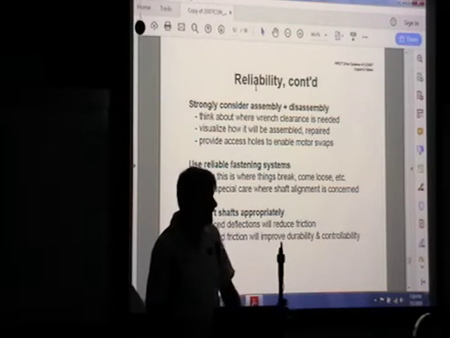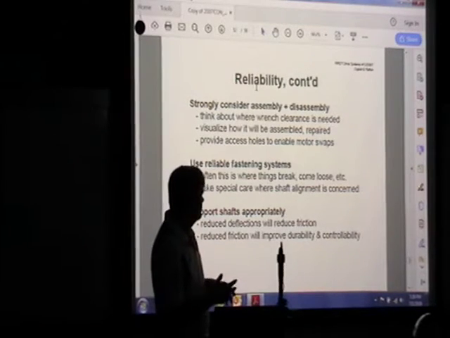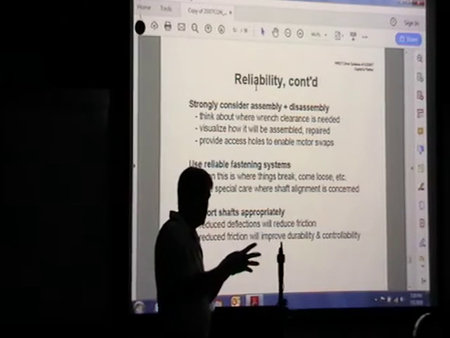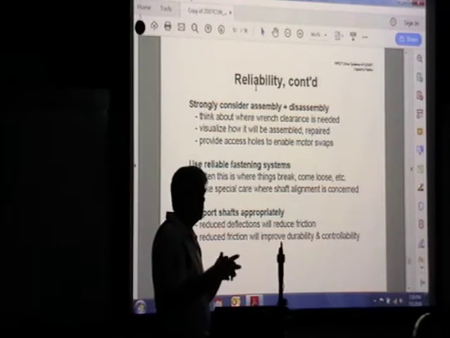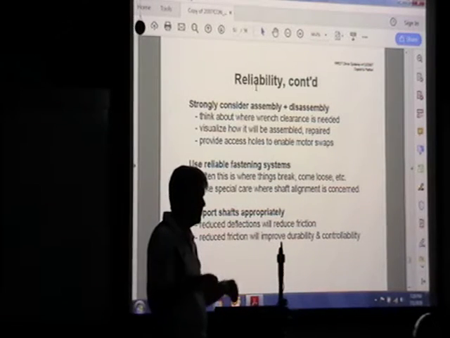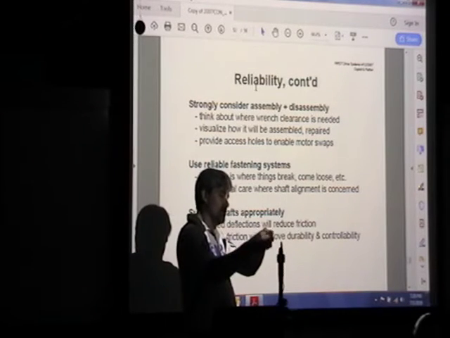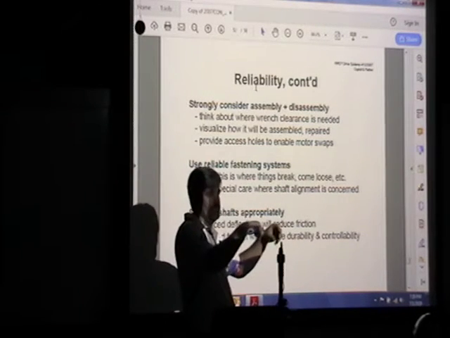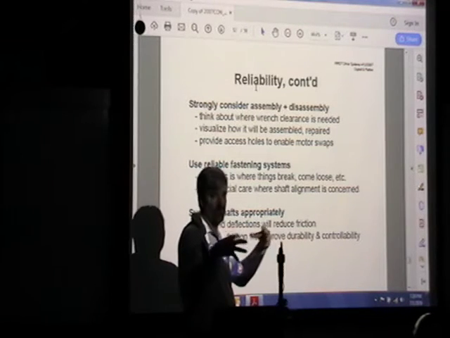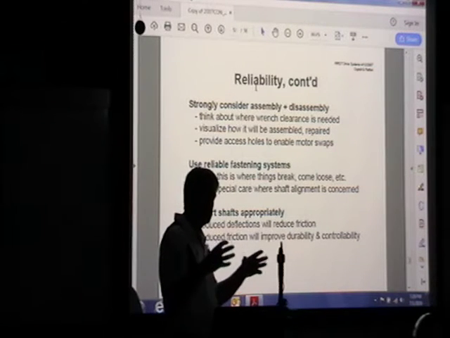Support shafts appropriately. This is something that I often see go wrong. We talked about that one bearing out there with the shaft coming out of it. That's obviously a little bit exaggerated, but oftentimes you'll see two bearings and then a load way out beyond the bearings. Or sometimes you'll have a bearing and a bearing, and this long skinny shaft with a load in the middle. And this poor shaft is just flexing back and forth, and those bearings are going to eat each other up because the flex of the shaft is kicking those bearings out of alignment.